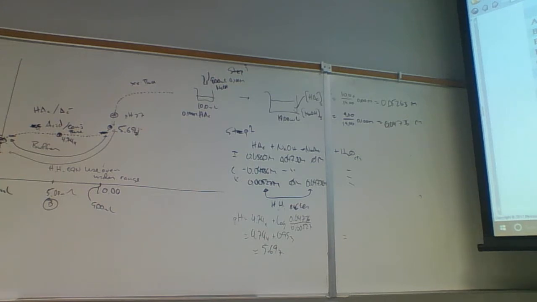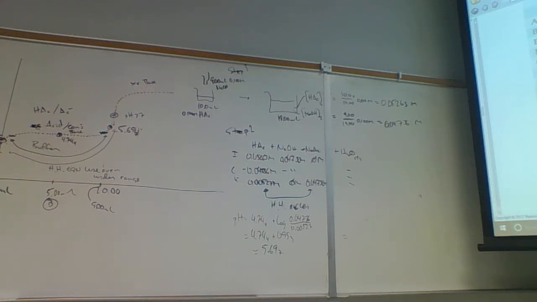And so how do I do that? Well, I'm going to be in the buffer region here. So if I have a pH of 3.20, this is going to equal the pKa plus the log of the acetate to acetic acid concentration ratio.